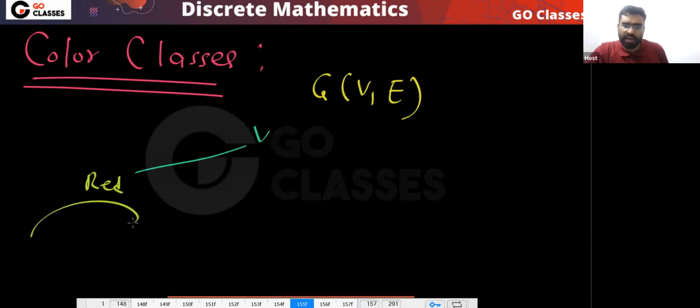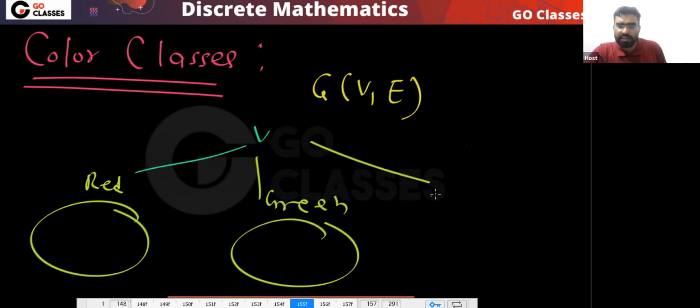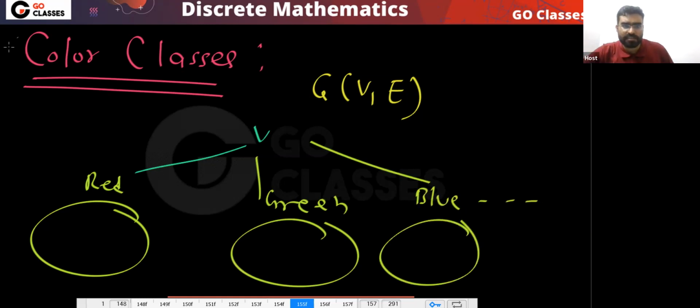All the vertices of red color here, all the vertices of green color here, all the vertices of blue color here, and so on. This is called color classes.